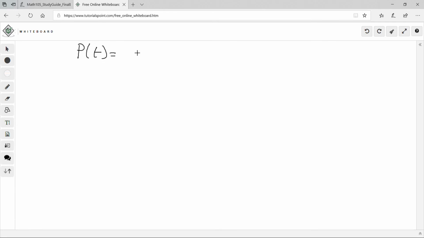equals 500 e raised to the 0.11t. So my goal is to find time.